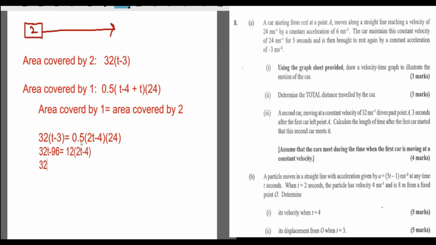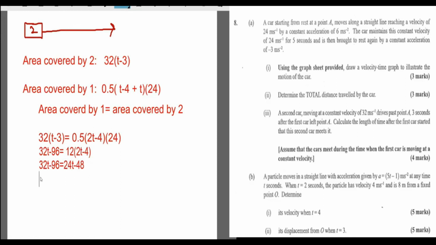Continuing, we have 32T minus 96 is equal to 12 times 2 is 24, so 24T minus 48.